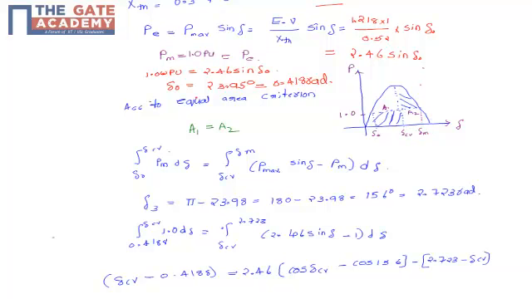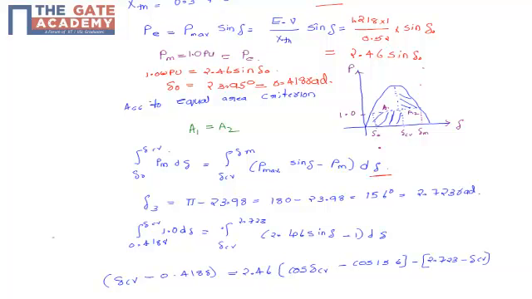According to the equal area criterion, A1 equals A2. So the integral of PM d delta from delta naught to delta CR equals the integral from delta CR to delta M of Pmax sin delta minus PM d delta.